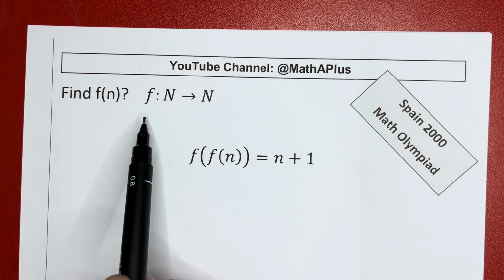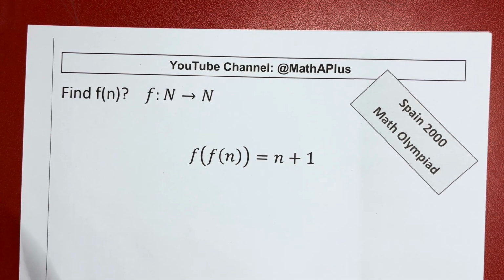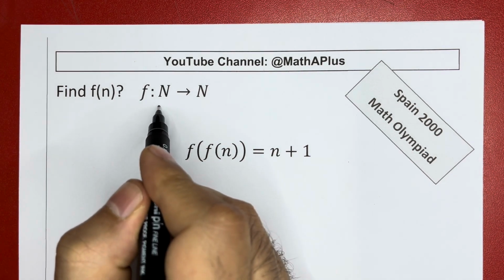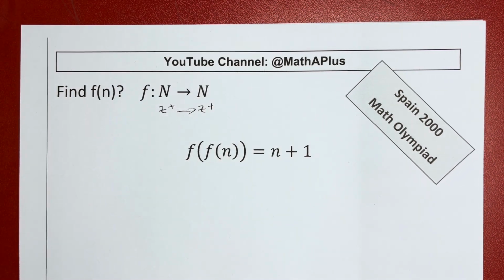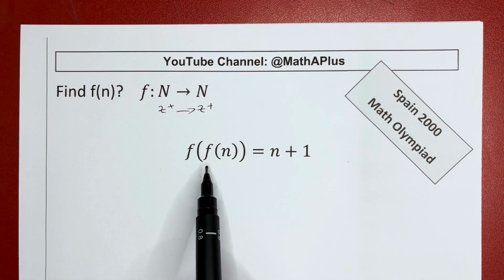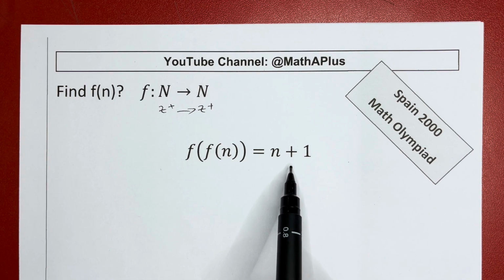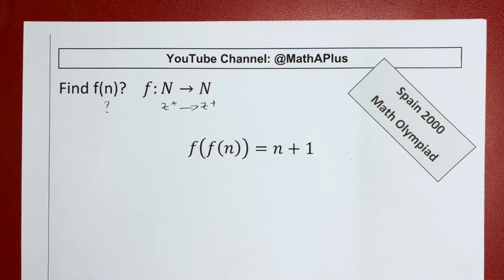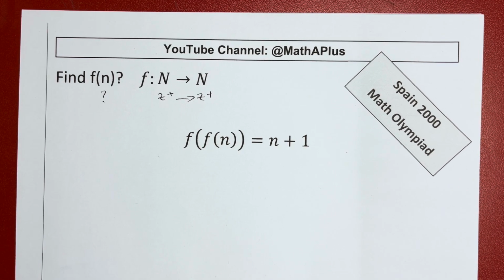We have a function defined from the natural numbers to the natural numbers, domain and range, sometimes we call it the positive integers, right? The function satisfies f of f of n is n plus 1. Then what is going to be the general form for f of n, if it exists?